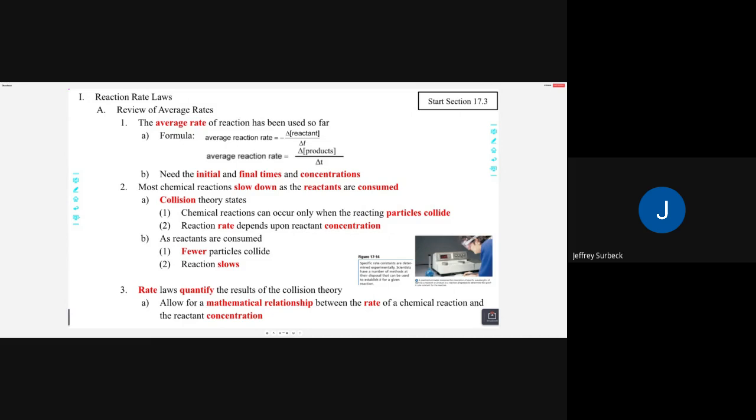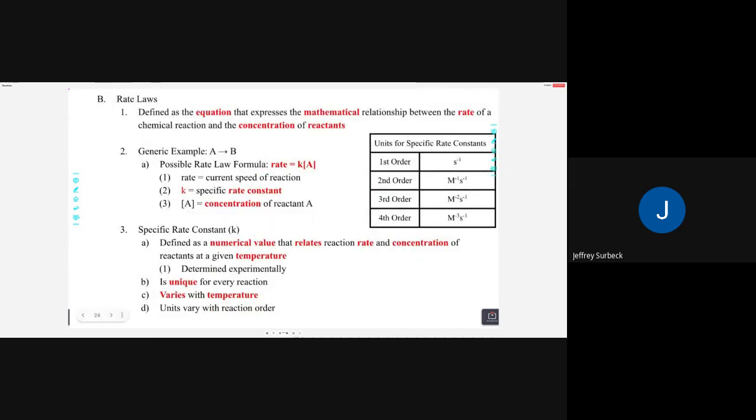As the reaction progresses though, you're going to slow down because you have less stuff to hit each other. And so this is kind of what our rate laws take care of. Any questions on this?